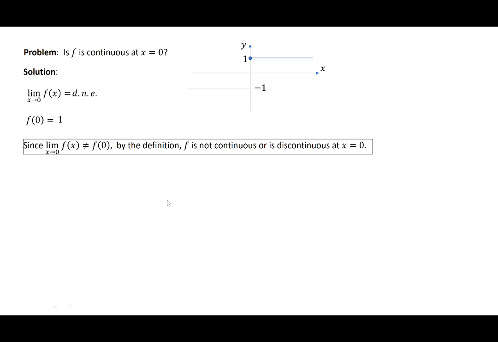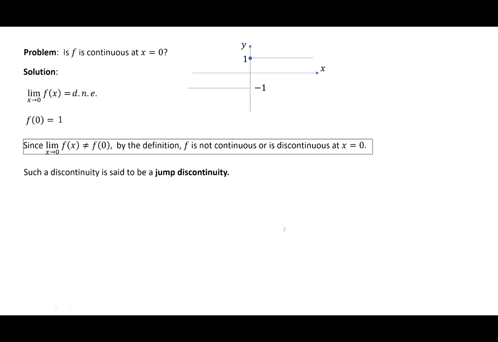What do we call a discontinuity of this kind? We call it a jump discontinuity because as we moved from left to right, the limit jumped from the left limit to the right limit. There's a jump. So we call it a jump discontinuity.